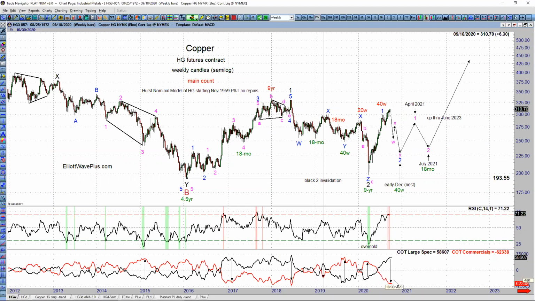Commercials are the hedgers, the producers, and they appear to be heavily short. That is usually a sign that we are at or near a top that would take a while to work off. We got a little bit of that here, and this move down here.